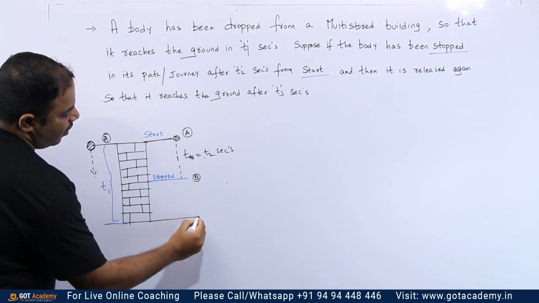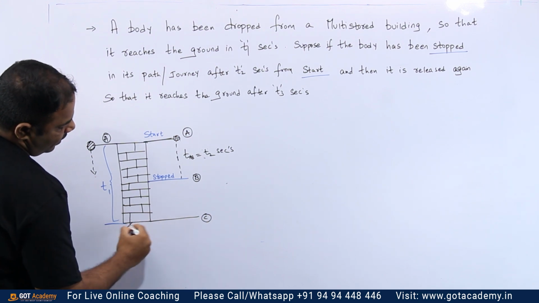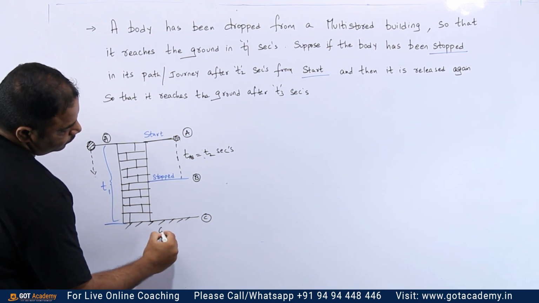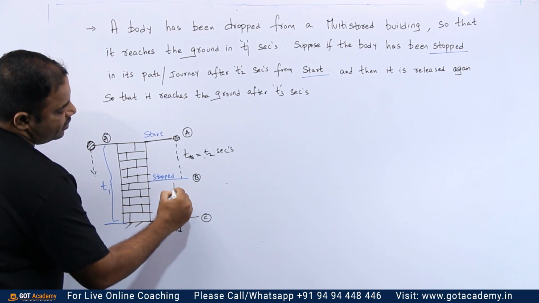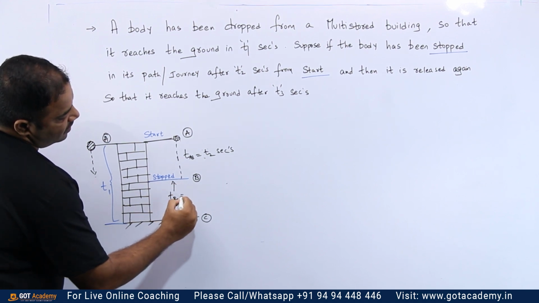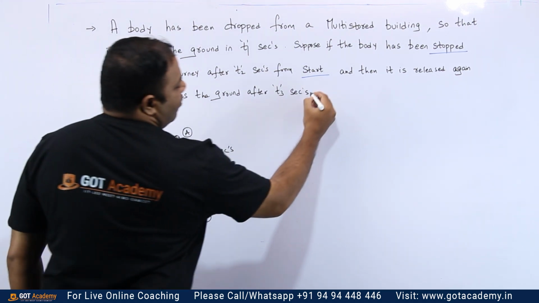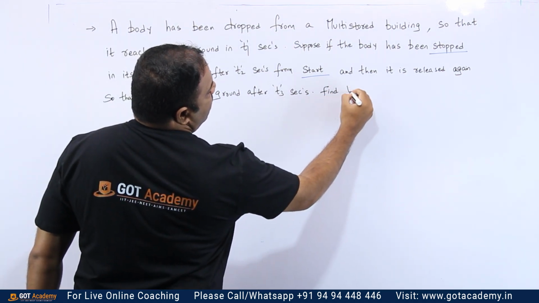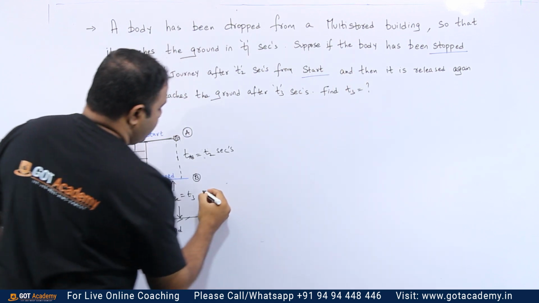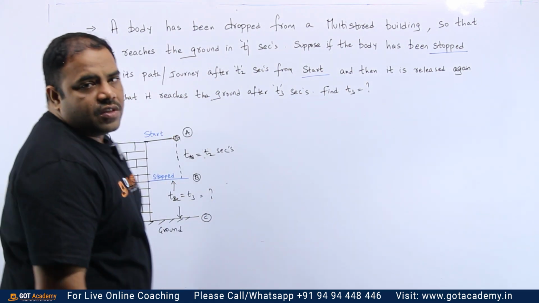When it reaches the ground, this part is nothing but the ground. We assume the time taken from B to C as t3. So my question is, find t3. What is this t3? This is my question.